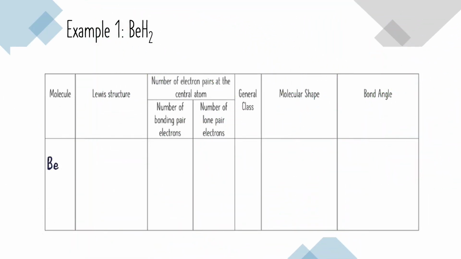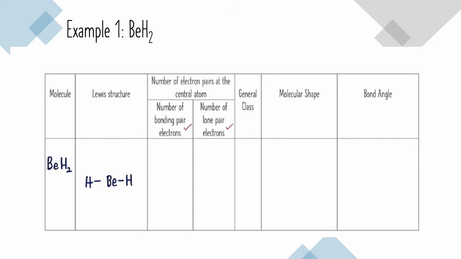Let's say that if we have BeH2 as an example, the Lewis structure would be like this. For the number of electron pairs at the central atom, we need to count the number of bonding pair electrons and the number of lone pair electrons on the central atom. Let's start with the number of bonding pair electrons.